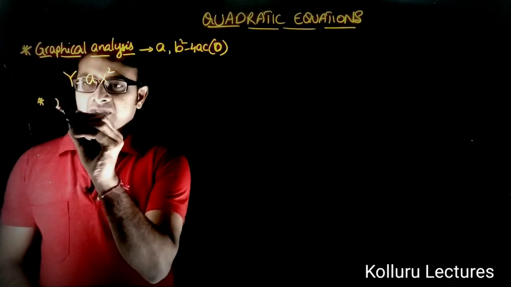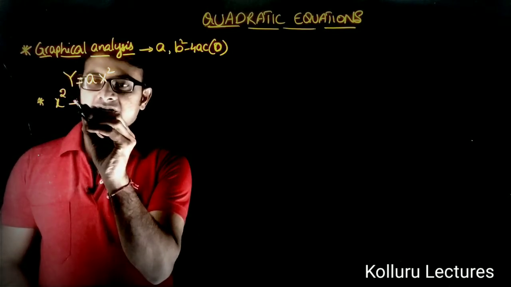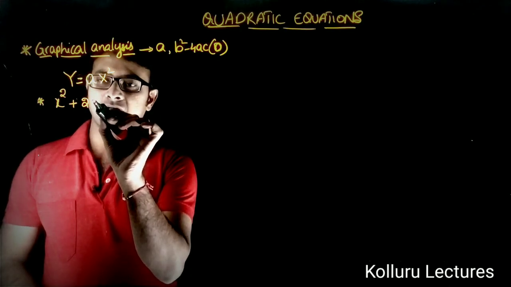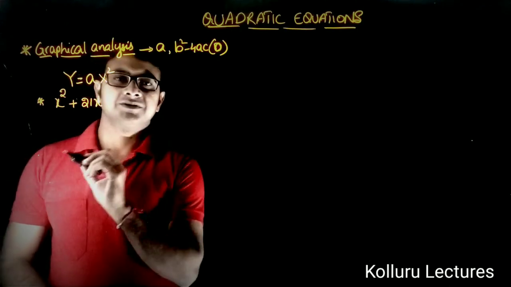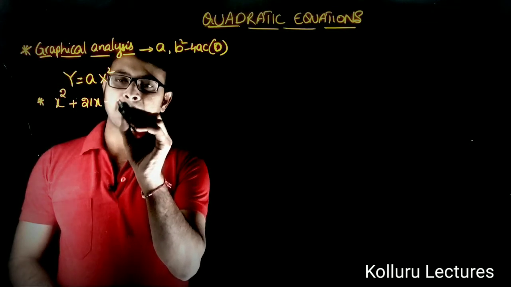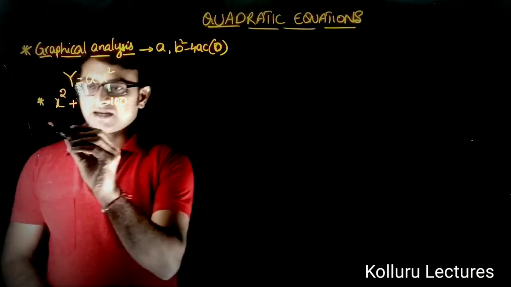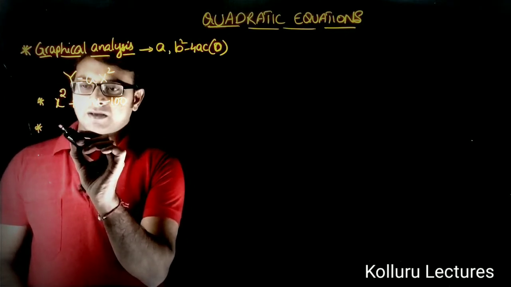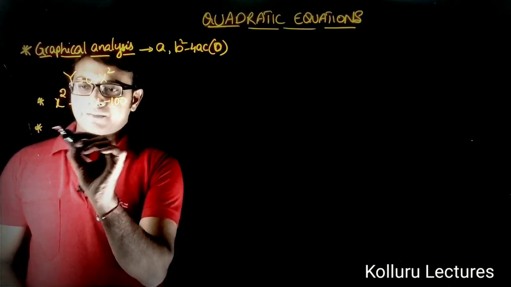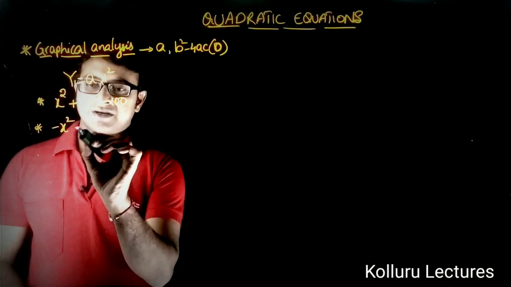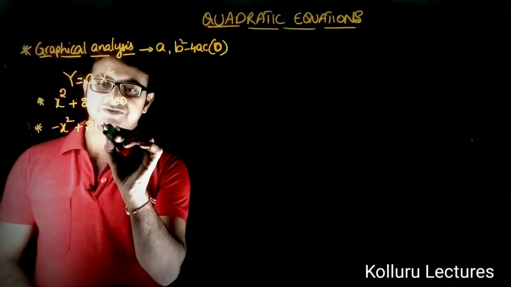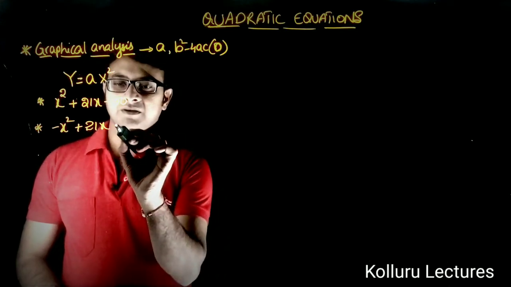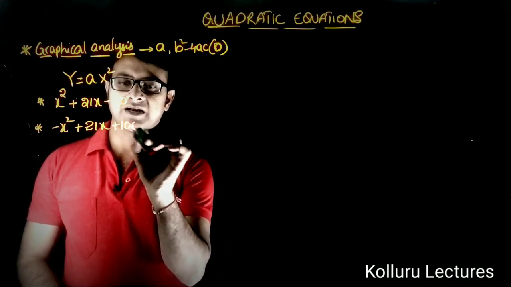So now let us take the equation x square plus 21x minus 100, and at the same time minus x square plus 21x plus 100.